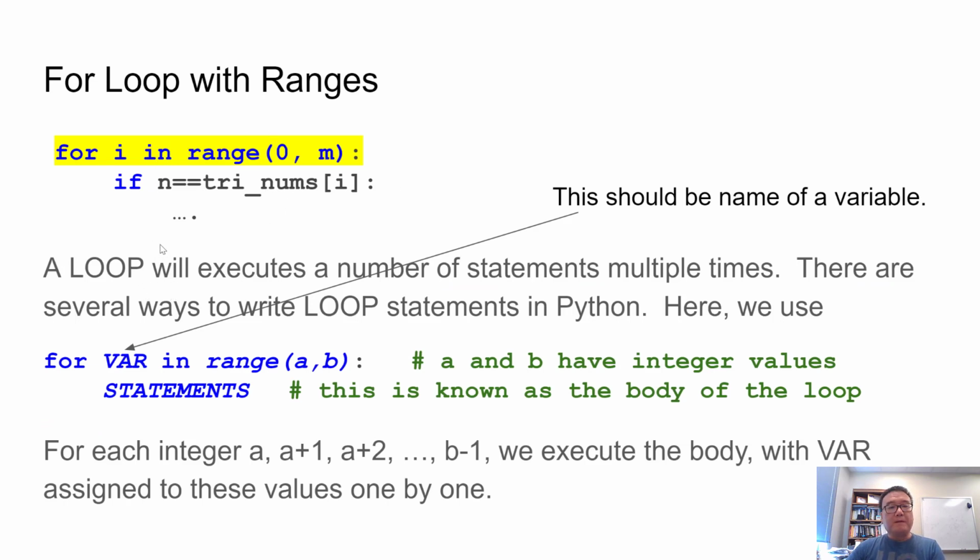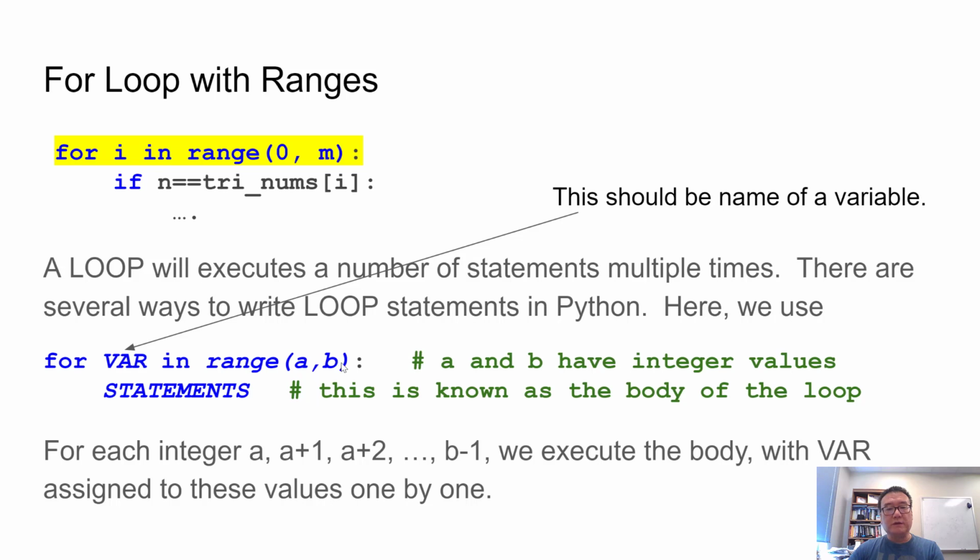We can do this loop, for a variable in a range with two values a and b. a and b have to be integers, and this will execute the body of the loop for every integer value a, a plus 1, a plus 2, all the way to b minus 1. So the value should be less than b.